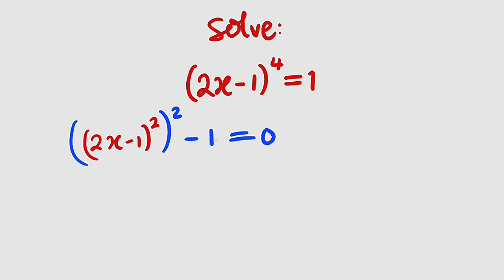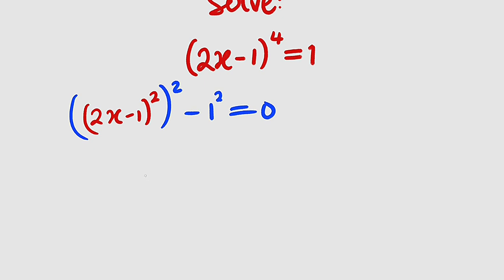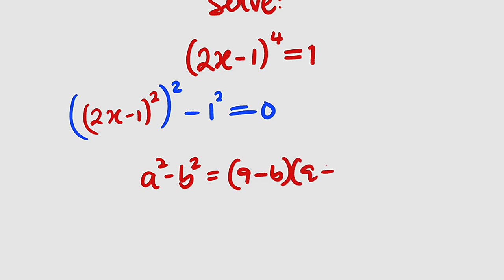But remember that 1 can also be expressed as 1 squared, all the same. Now we have a difference of 2 squares. What can you remember about them? If you have a squared minus b squared, this is the same thing as (a - b) multiplied by (a + b), right? So (2x - 1)^2 is our a, and 1 right here is going to be our b.